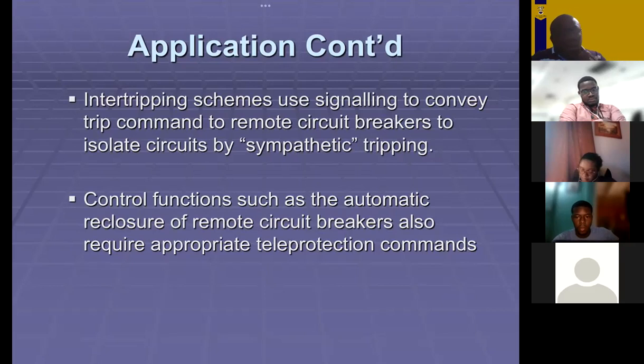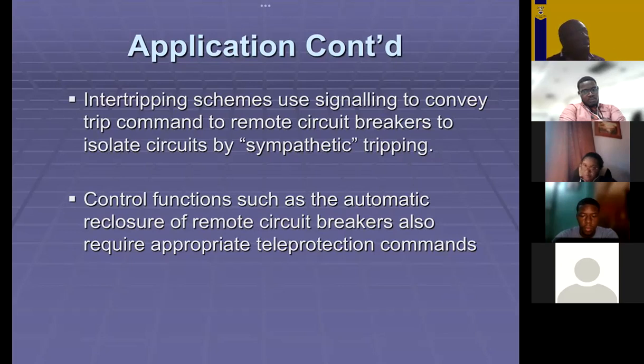But when we also think of our acceleration scheme, you need the auto reclose function as part of that operation. So again, the provision of appropriate communication and signaling systems. And we're going to make mention of the whole business of security and reliability in terms of our signals. They become of critical importance to your system.